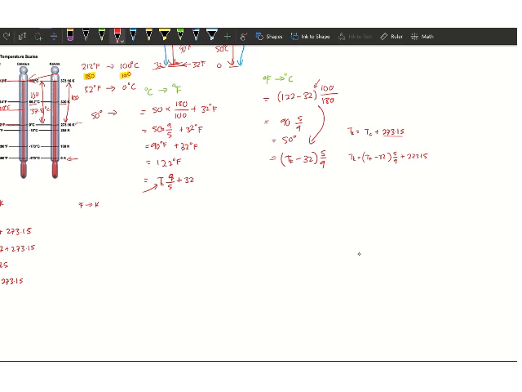To wrap things up: Celsius to Fahrenheit is T_F equals 9/5 T_C plus 32. Fahrenheit to Celsius is 5/9 times (T_F minus 32).